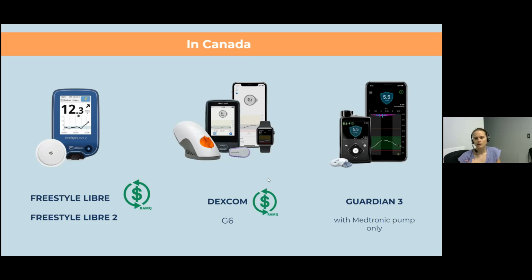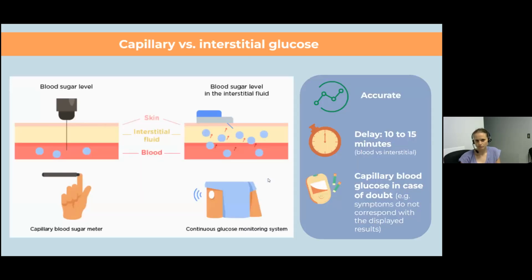Whereas the Dexcom and Guardian 3 that is used with the Medtronic pump, these are both real-time continuous glucose monitors where you don't have to really do any intervention to see your glucose value. It is automatically on your phone or on the receiver at all time. Oh, and I forgot to say that the Dexcom is also covered by the RAMQ.